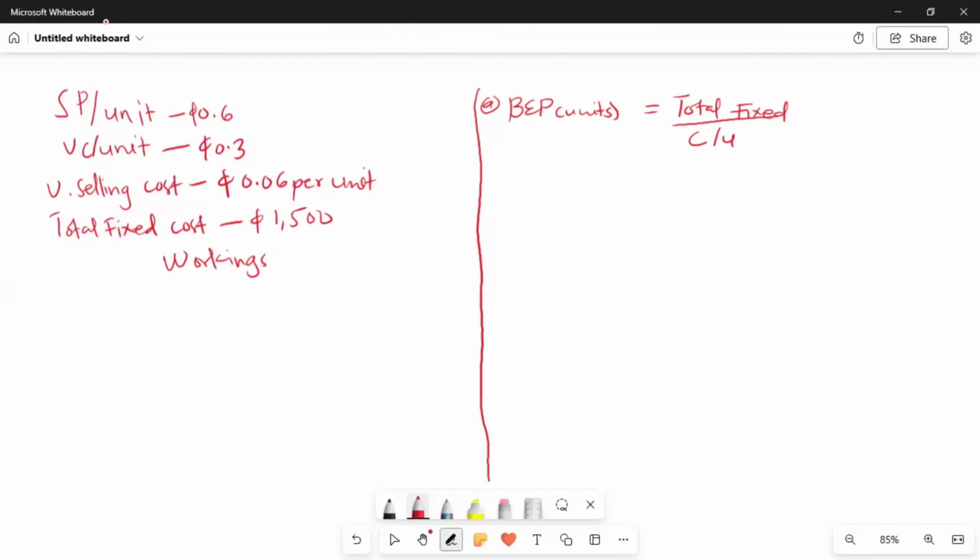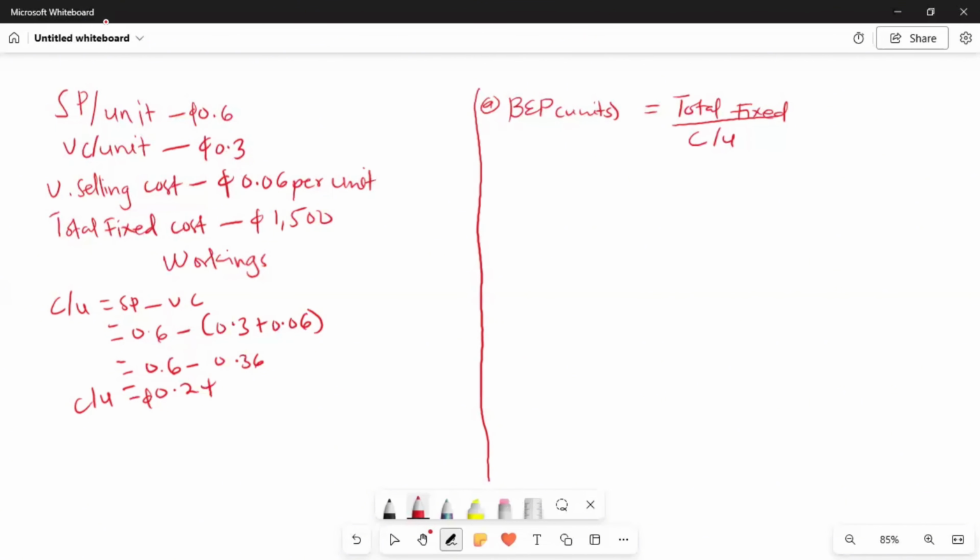It is the selling price minus the variable cost per unit, which is 0.3, and we have 0.6. So we have our contribution per unit to be 0.24.